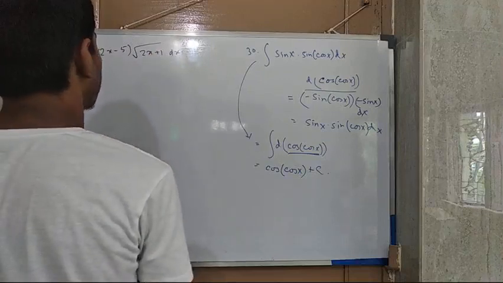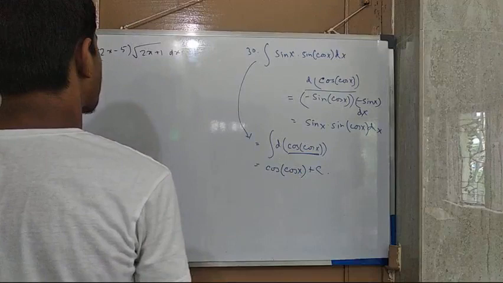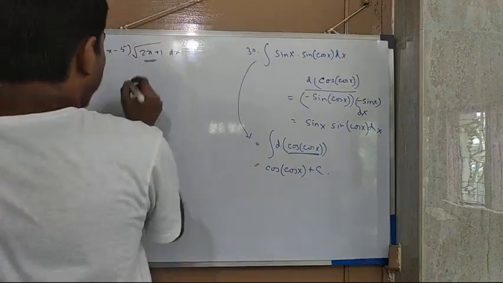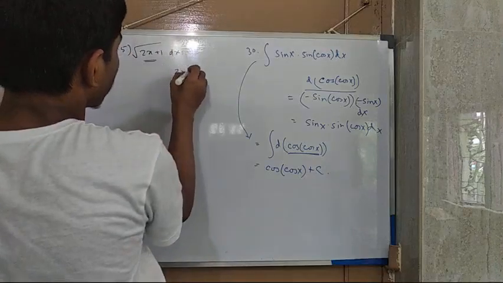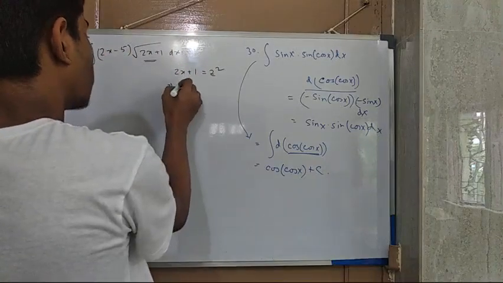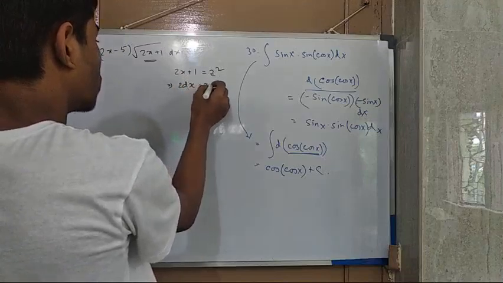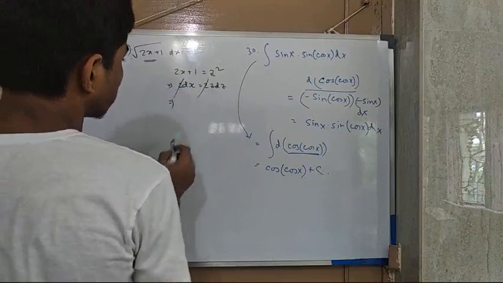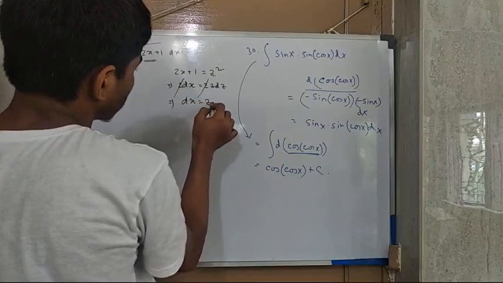What we can do, let's proceed by assuming this as z. So 2x plus 1 is equal to z squared, which becomes 2dx is equal to 2z dz. 2 will cancel 2, and dx is equal to z dz.